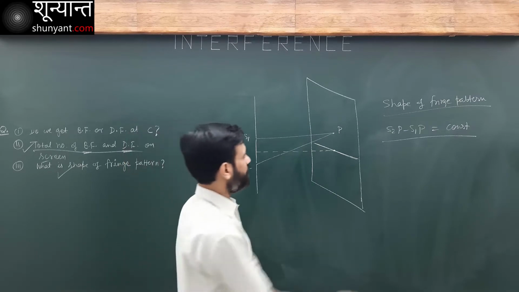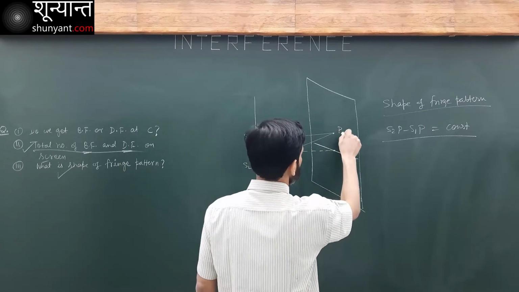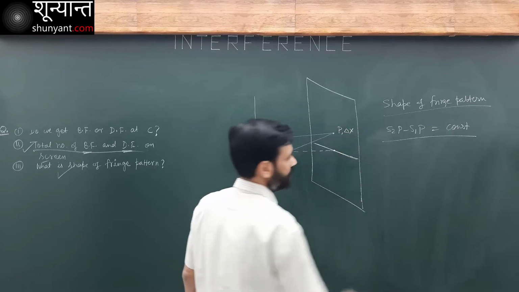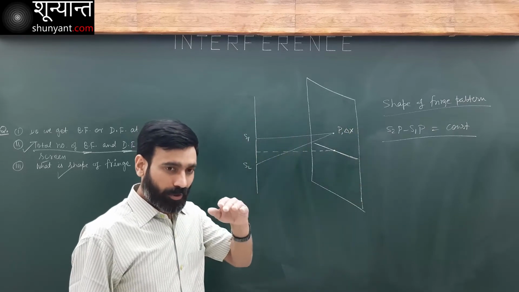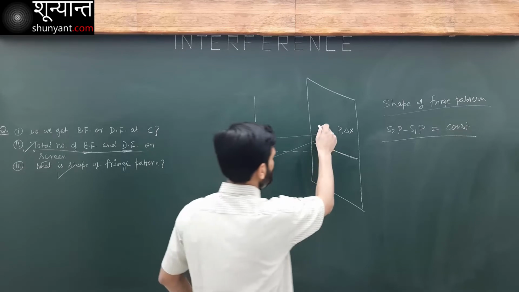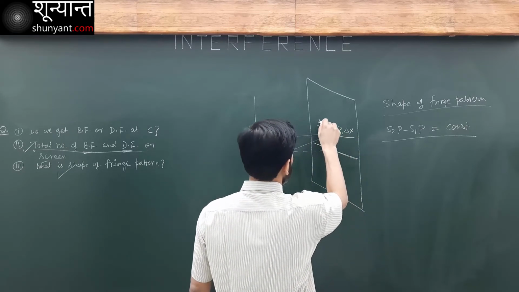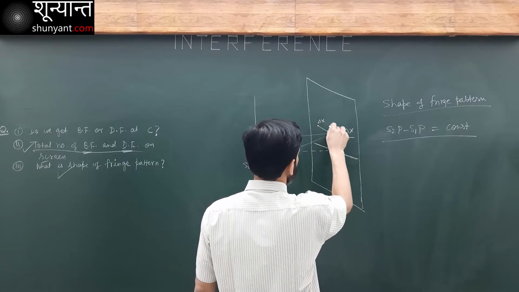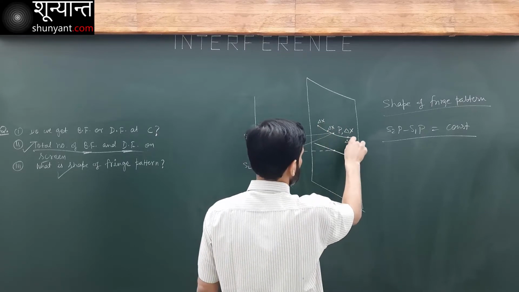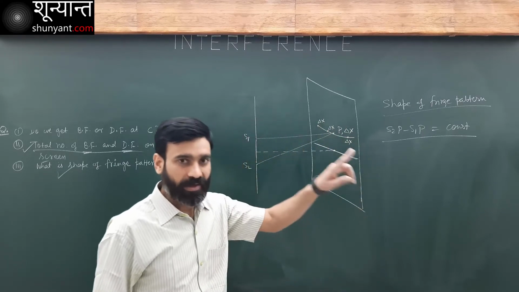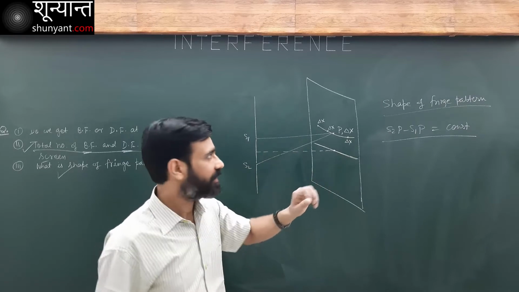If I get some path difference here, let's say delta x, then I will look for all the points having the same path difference. It should be delta x here also, and delta x here. If I join all those points, I will get a locus.